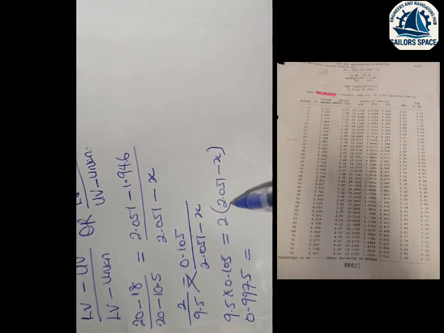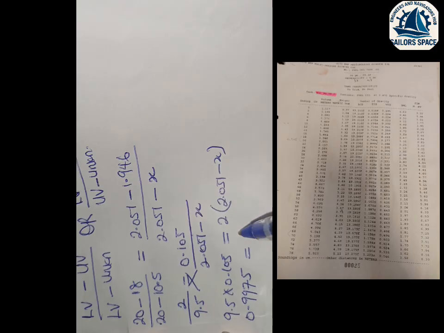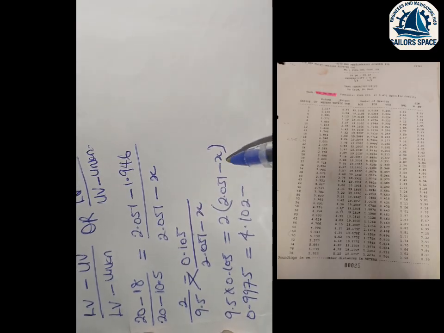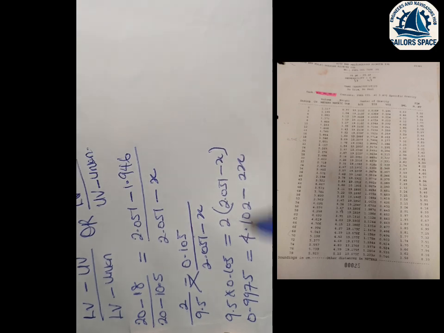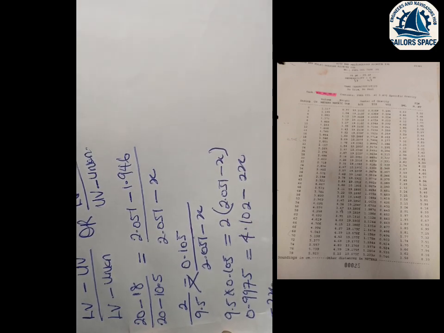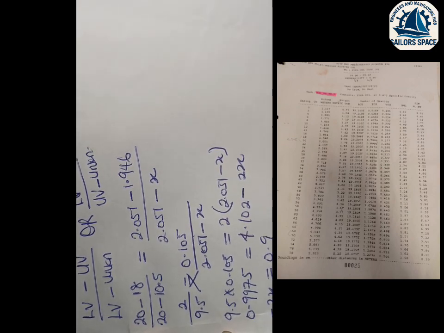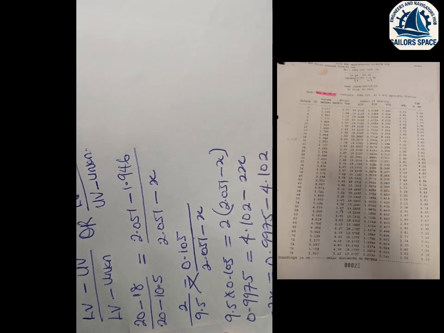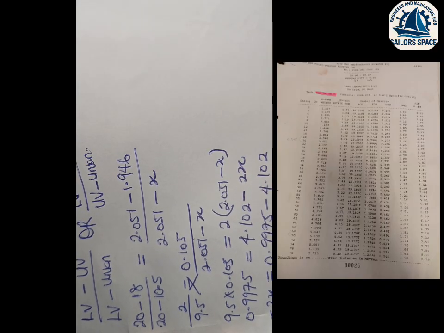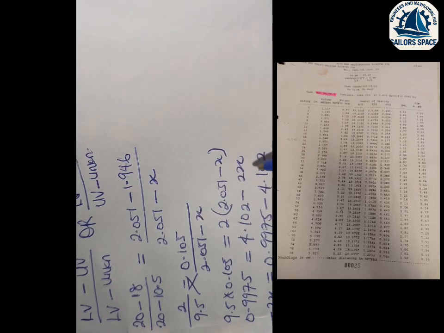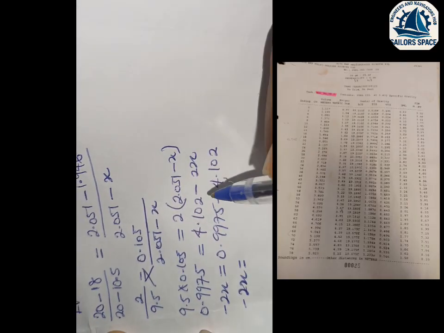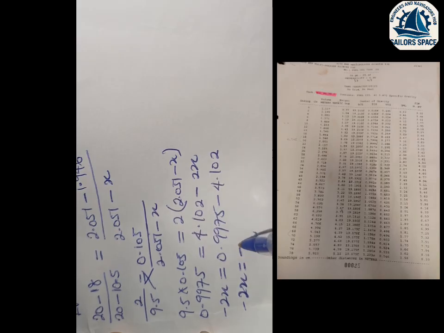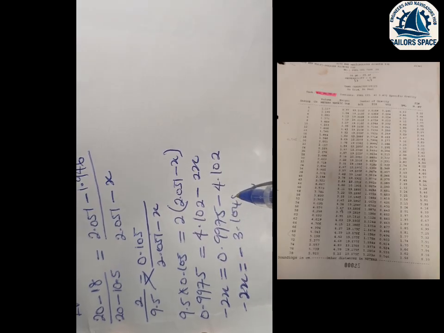That's 2 multiplied by 20.051 will give us 40.102 minus 2 times x will give us 2x. Basic principle of mathematics: minus 2x equals to 0.9975 minus 40.102. We have minus 2x equals to, this is basically like secondary school math. But let's just do everything together. So this will give us minus 3.1045.